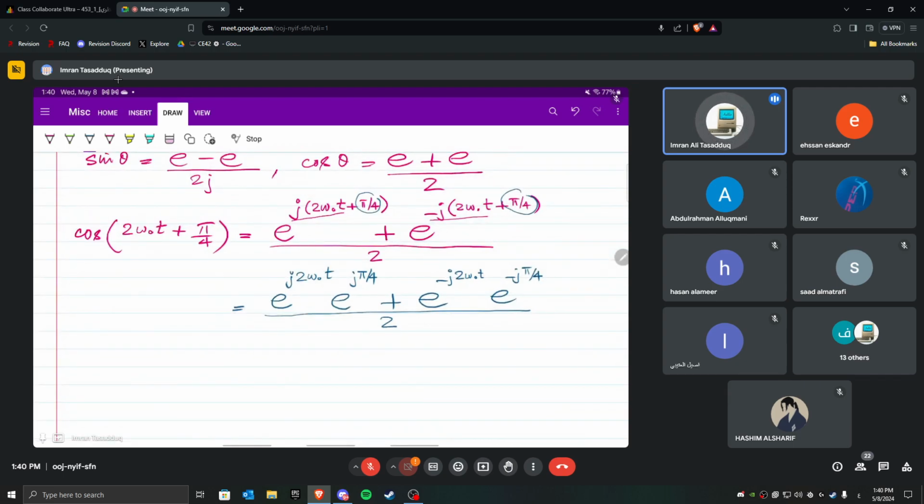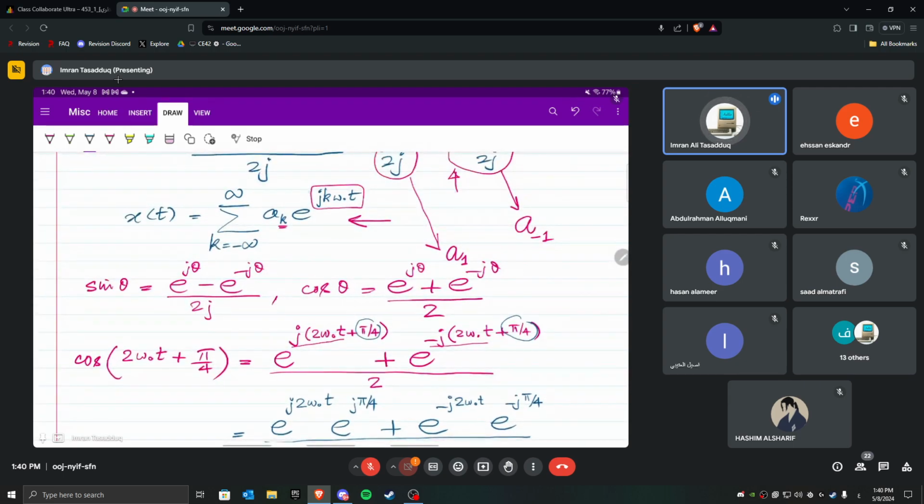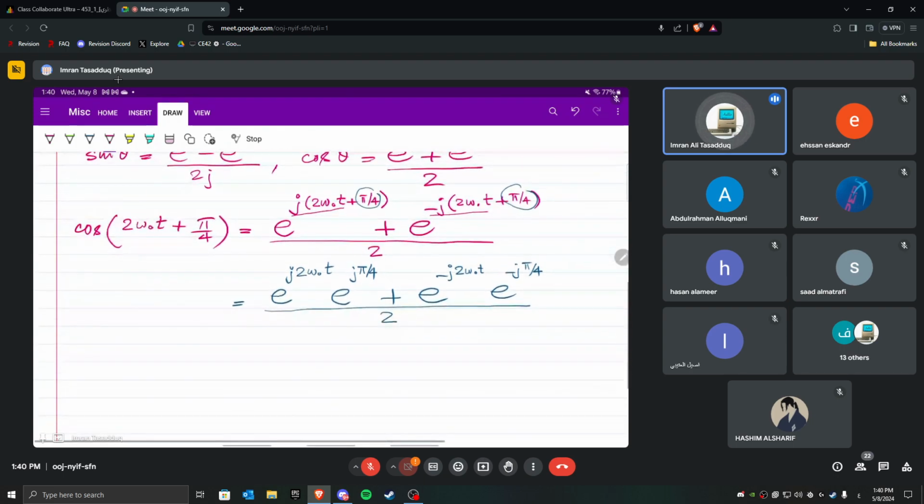So remember, whatever is there with this term is a_k, right? So that's what I'm going to do here now. You look at this, it is going to be equal to e to the power j 2 omega naught t, and this guy is my a_k, right? So I'm going to write it like this, 1 by 2 e to the power j pi by 4.